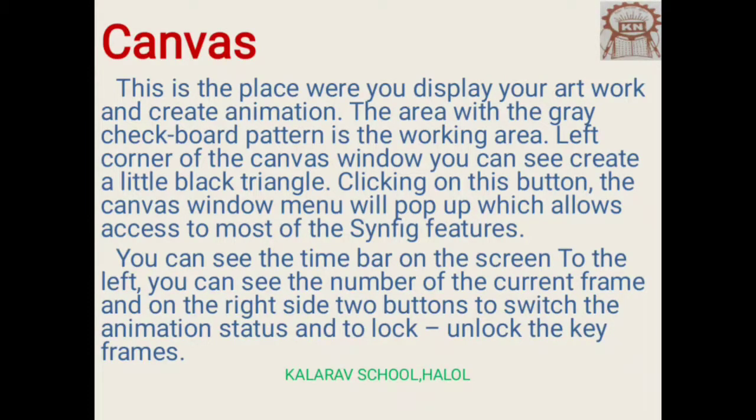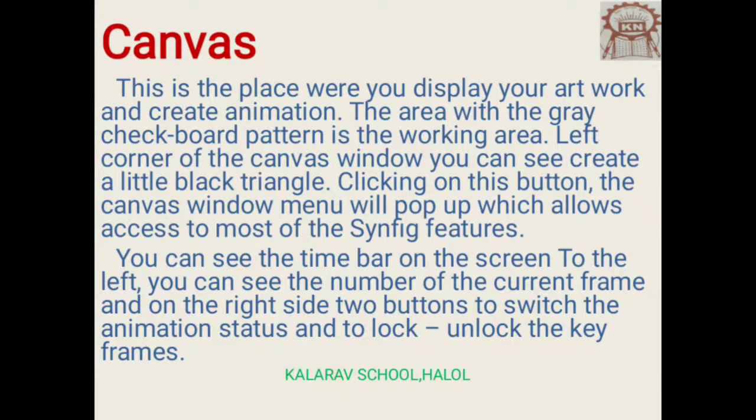Clicking on this button, the canvas window menu will pop up, which allows access to most of the Synfig features. You can see the time bar on the screen. To the left, you can see the number of the current frame, and on the right side, 2 buttons to switch the animation status and to unlock the keyframe.